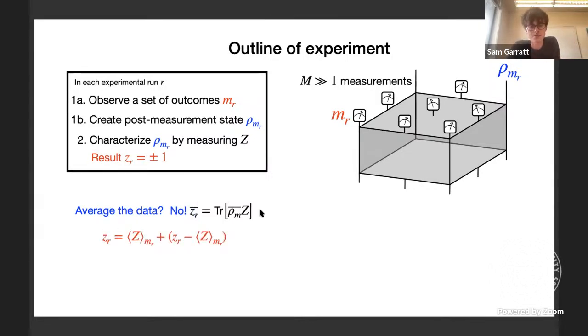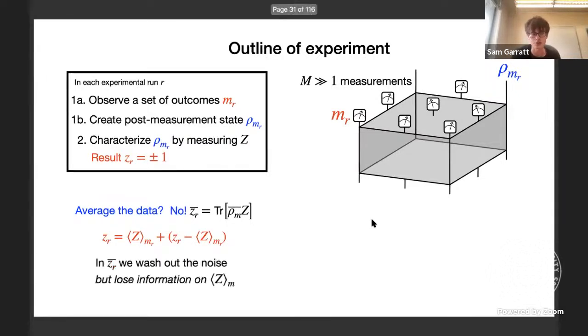There's another way we can think about this. Let's write our observed eigenvalue, lowercase zR, in this kind of strange way. Let's write it as the expectation value, which is what we really wanted and which we were not able to access, plus a fluctuation around the expectation value.